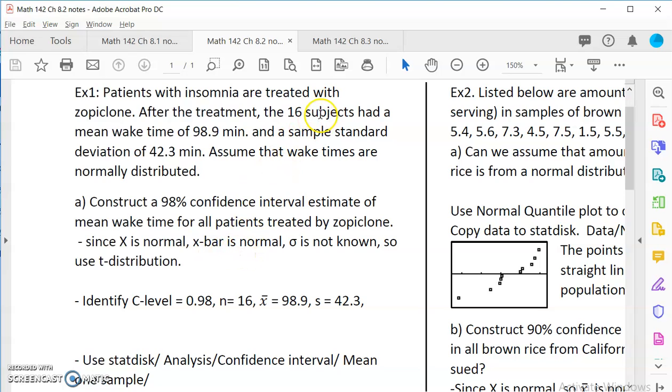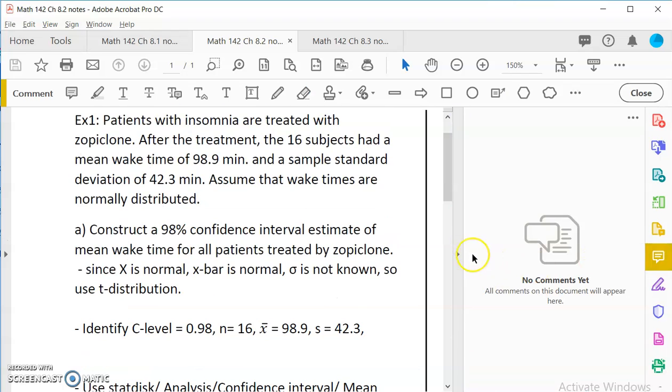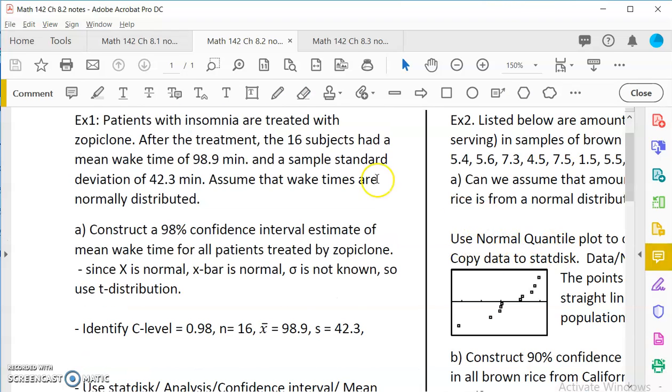Because the wake times are normally distributed, even if we have 16 subjects, it's fine because X is normal. But you can see that sigma is not known, so we would use the T distribution. To do that, we need to identify the C level, X bar and S, but sigma is not given. In the worksheet, I would ask you what kind of distribution you would use.